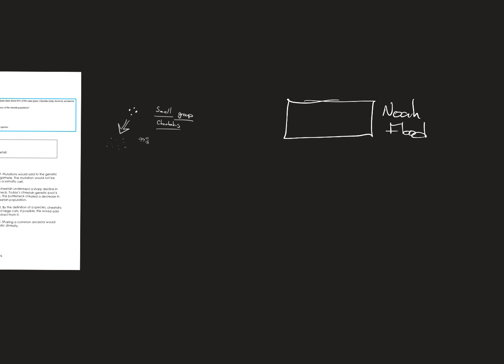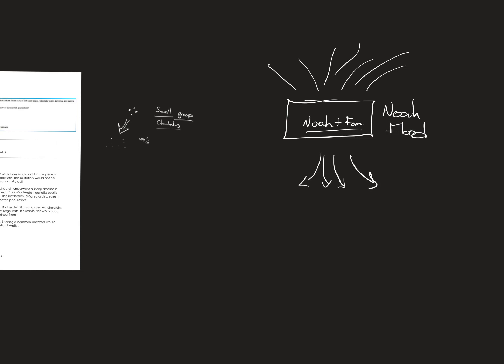So theoretically, 2 of every animal came on, and the only people that survived were Noah and his family. Everybody else theoretically died. And so from then on, we're all descended from this small family. All the individuals on the planet descended from this small group.